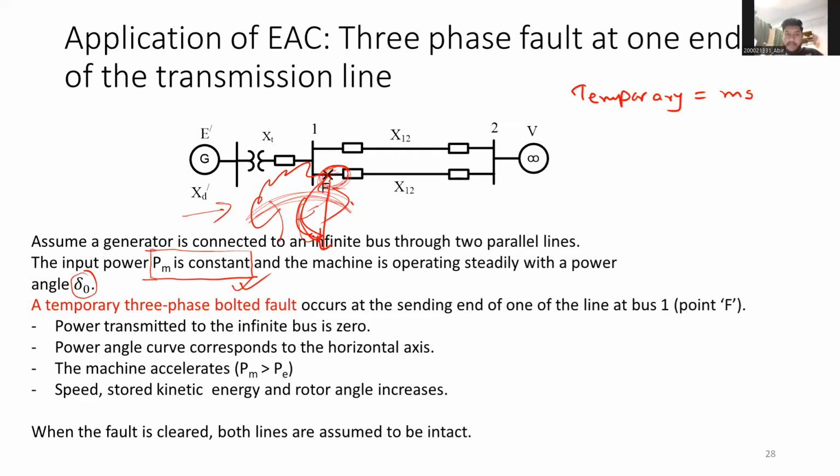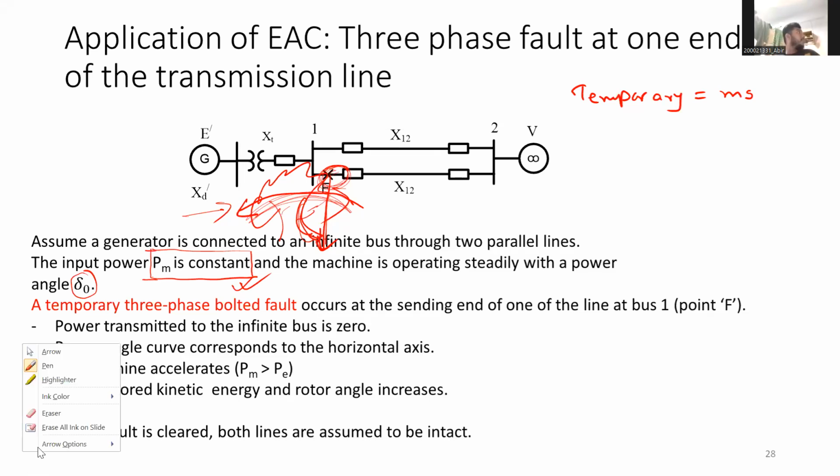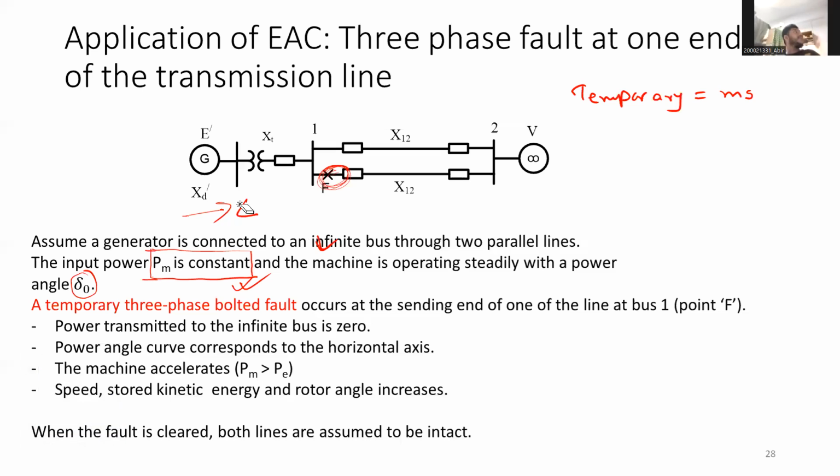But again, the tree is swinging, right? So as soon as the tree moves away, my fault is removed. There may be many other scenarios like this, but the bottom line is, whatever the scenario, in every case your fault will persist only for a few milliseconds, and then the fault will disappear. That is the first assumption.